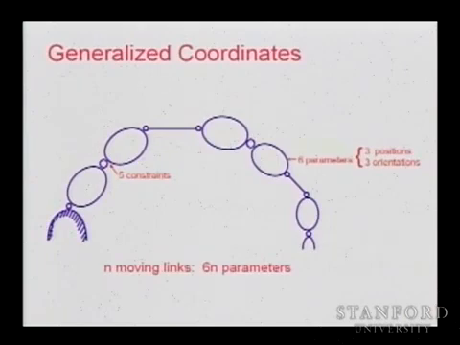Yes? Would it matter if it's a revolute joint or a prismatic joint, whether it's a position parameter or an orientation parameter? Well, let's look at it. If we have a joint, it's going to introduce constraints on the rotations and the position.